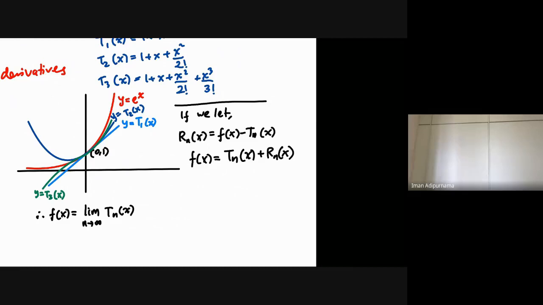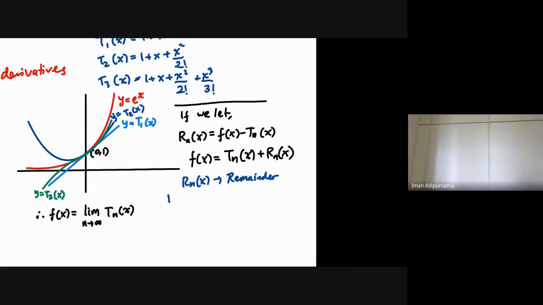You will have some error, like the gap between the real function and the approximation. Let me write: Rn is called the remainder of the Taylor series.